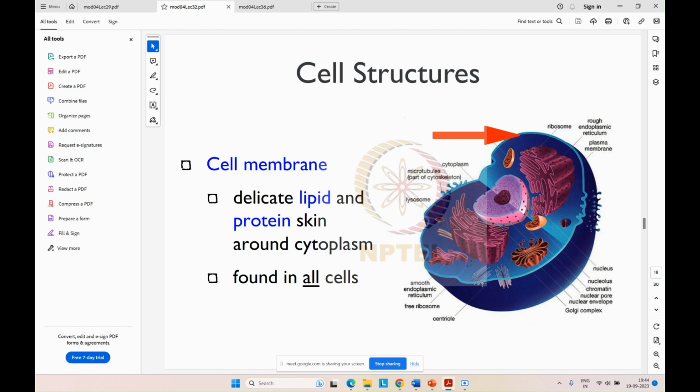The cell wall is also present in fungi and plant cells, but not in animal cells. This cell wall is permeable. We will be discussing that later on, but the point I want to put across is the permeability of a barrier.